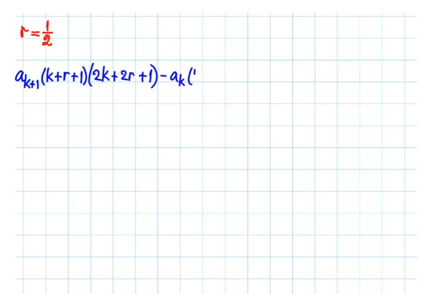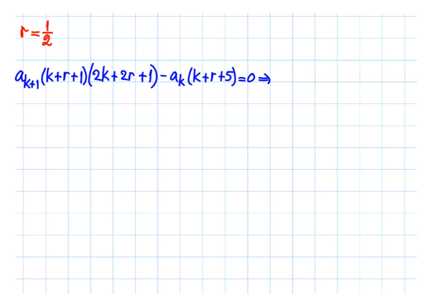First thing first, r is equal to 1/2. Next we will rewrite the coefficient. Let me just copy that down real quick. k plus 1, k plus r plus 1, 2k, 2r, and 1, minus k, k plus r plus 5 equal to 0.